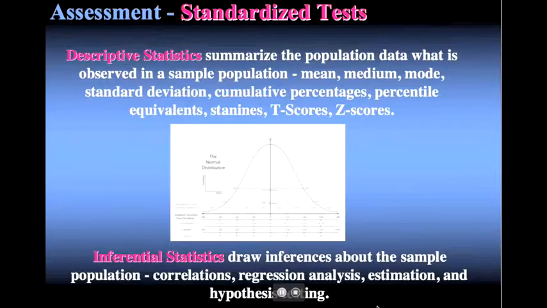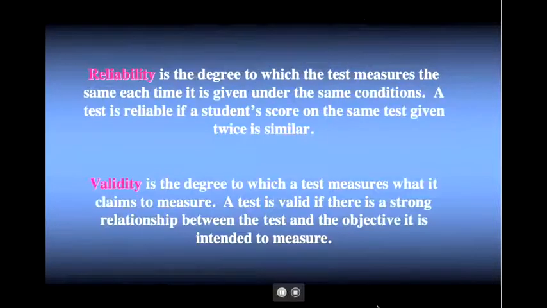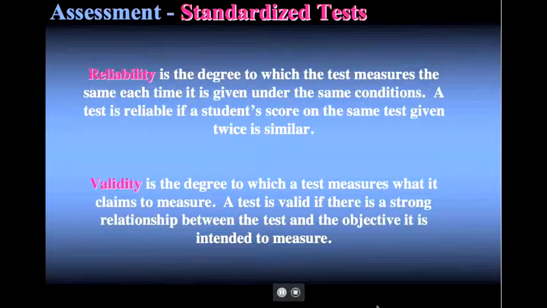We're dealing with estimation and hypothesis testing, and typically we don't see these unless you're doing research studies or doctoral or master's theses. So descriptive statistics are usually what you're going to get when a test score comes to you.